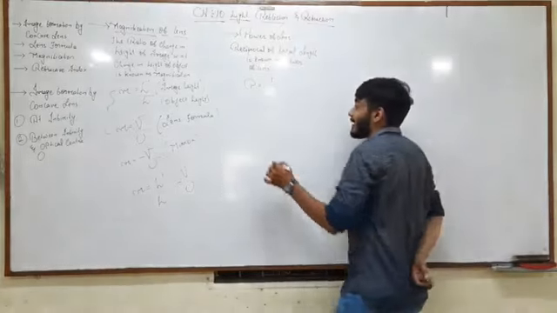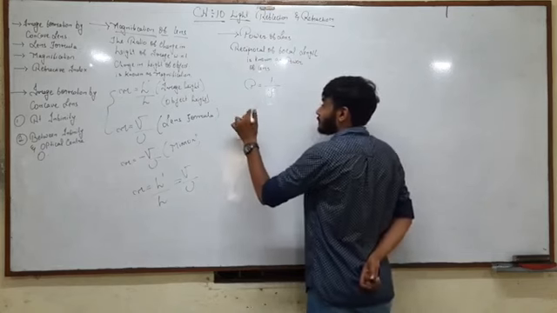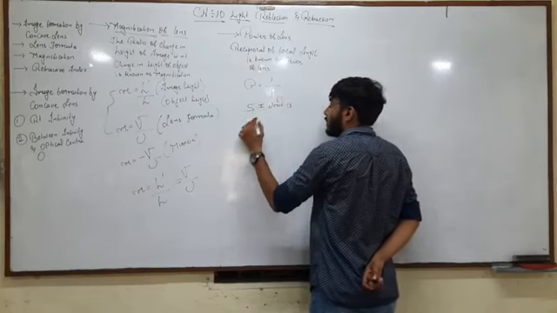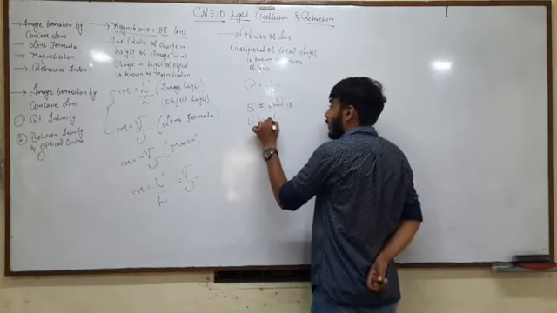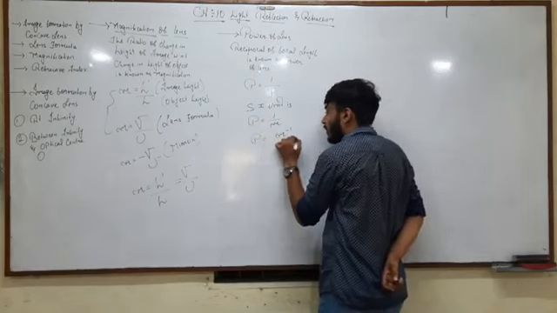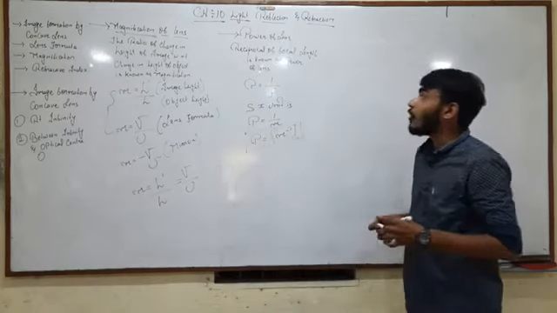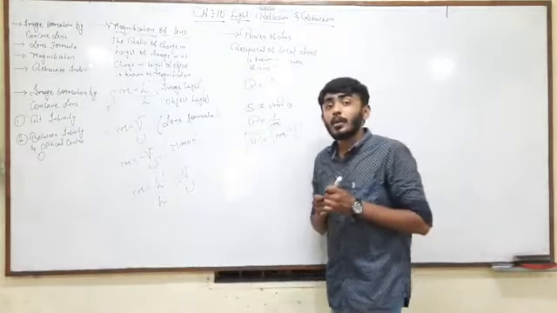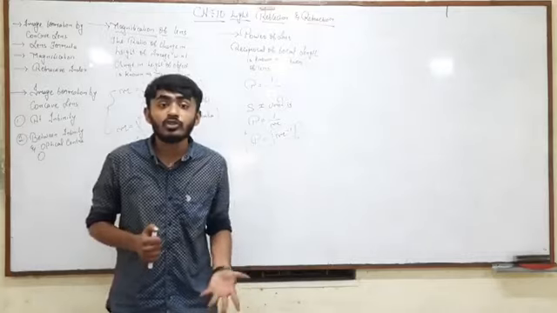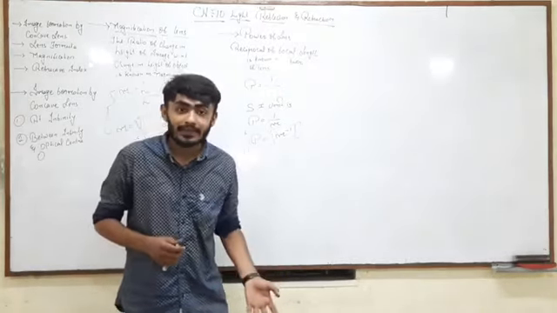If you want to find the SI unit, focal length is always measured in meters. So the SI unit is P is equals to 1 upon meter, and so this becomes meter inverse. This is your SI unit of power of lens. See students, the power of lens stands for the number of the lens we will be using to have a clear vision, either a concave or a convex lens.